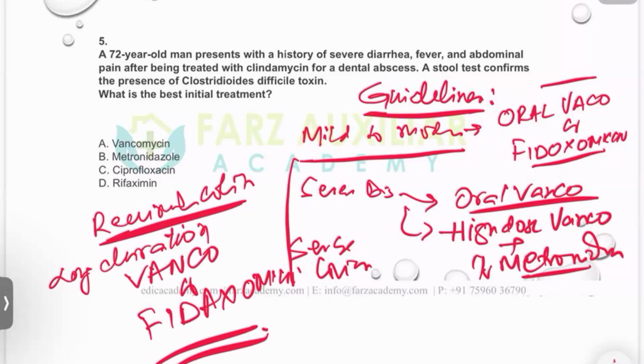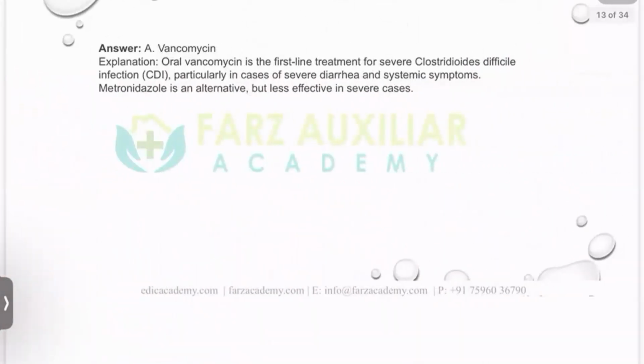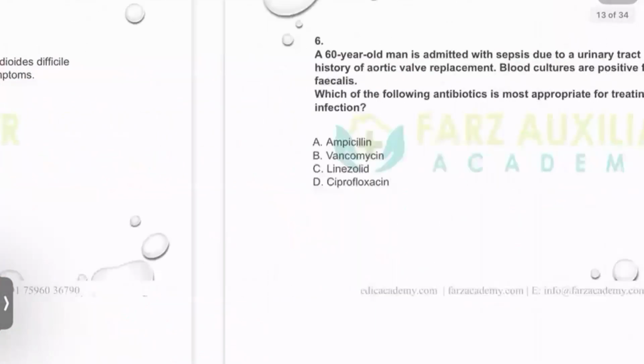So metronidazole intravenously is recommended only in cases of severe disease, and that too along with vancomycin, also known as pulse therapy with vancomycin. Okay. Shall we move to the next question? So the answer is yes. Oral vancomycin. Metronidazole is an alternative but less effective.